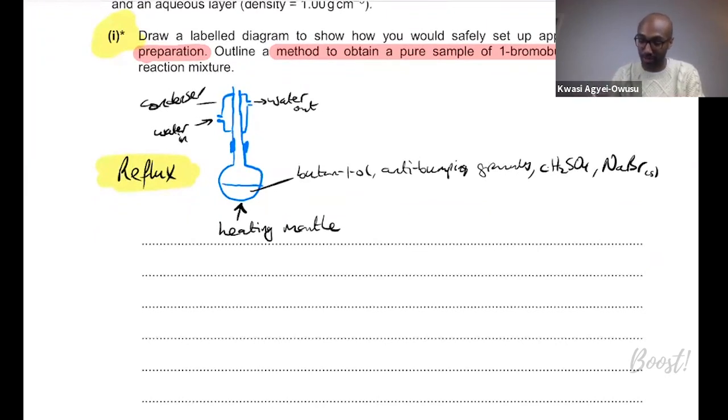If I draw a separating funnel here, so separation, and again highlighting it. And if we draw a separating funnel, okay, that's the tap on my separating funnel.